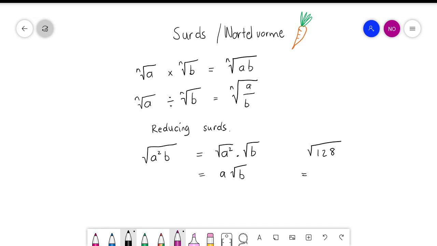What is that? 16, né? Of 5 kwadraat is 25. It's all of those that you know. So it's like 36, 25, 100, 64, 16. All of those that we know is a whole integer squared.